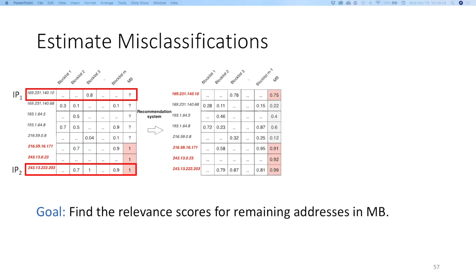This is because IP1 and IP2 are listed in block list 3, and they have very similar relevance scores of 0.8 and 1. The recommendation system captures the similarity of misclassified addresses and gives a high score of 0.7 to IP1. So therefore, IP1 is likely to be a misclassification based on the recommendation system.